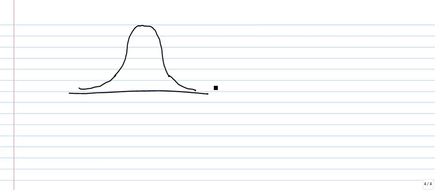I'll do my best. Okay, I said I'd do my best. That's my attempt at a normal distribution. We're symmetric about the mean. Now let's try to do one that's not normal, but that's skewed to the right.